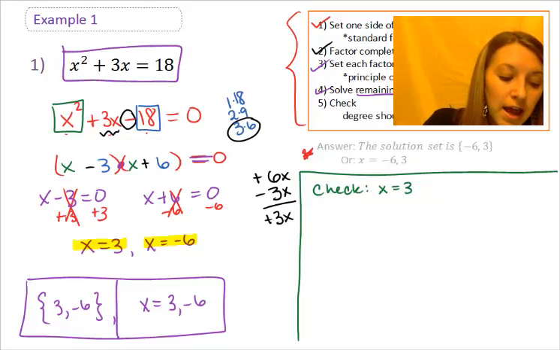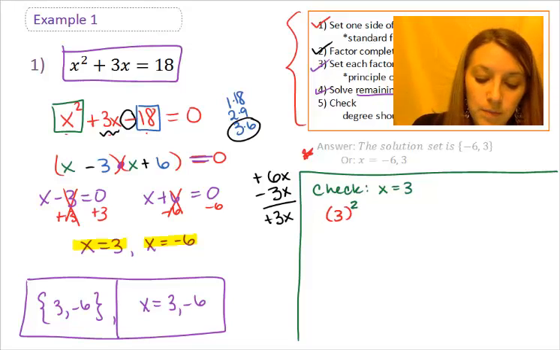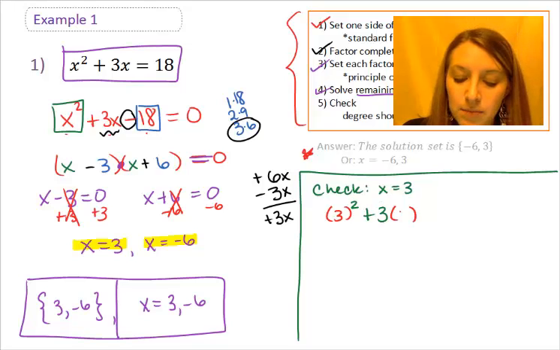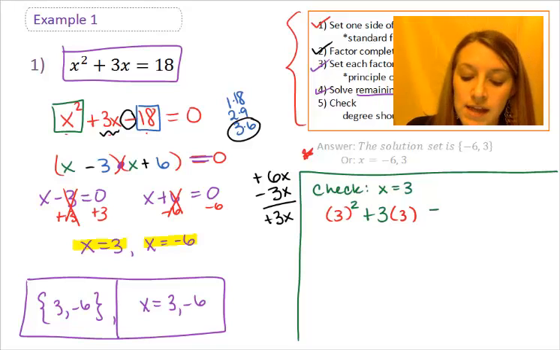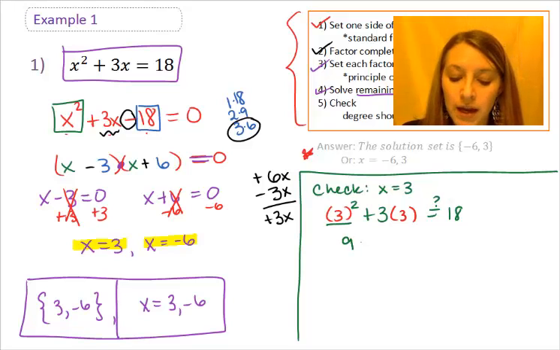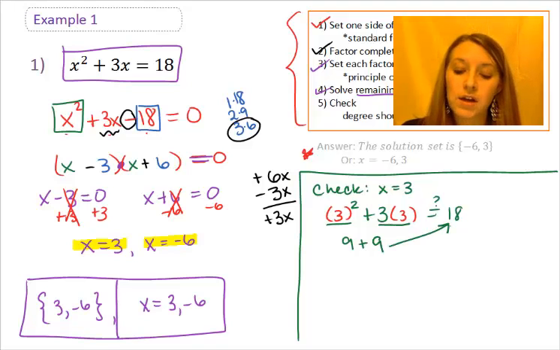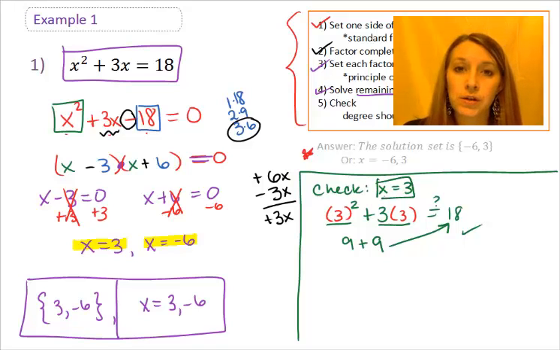So first I have 3 squared plus 3 times, again, plugging in my x value of 3. And we want to know, does that actually equal the 18 that we're hoping for? On the left, 3 squared gives me 9, plus 3 times 3 gives me 9, and 9 plus 9 gives me 18. So that one works out, so x equals 3 is for sure an answer.